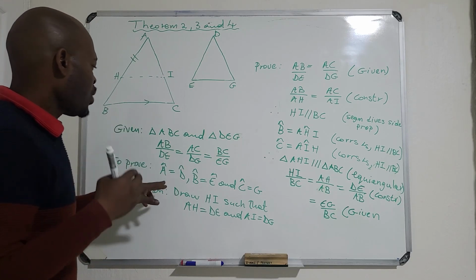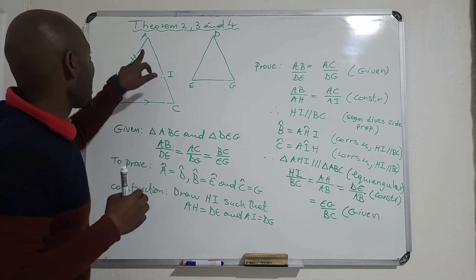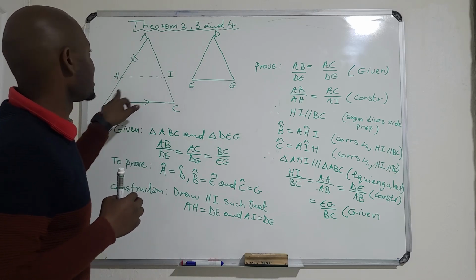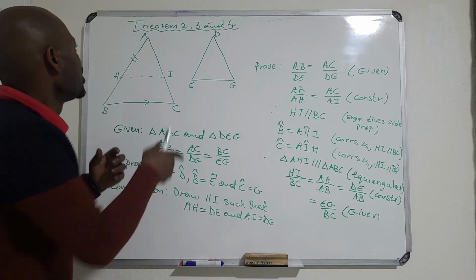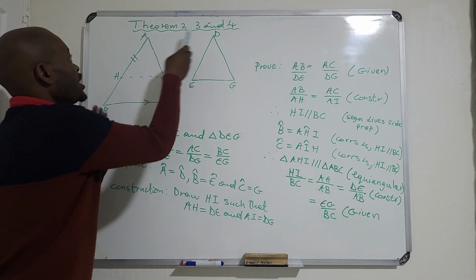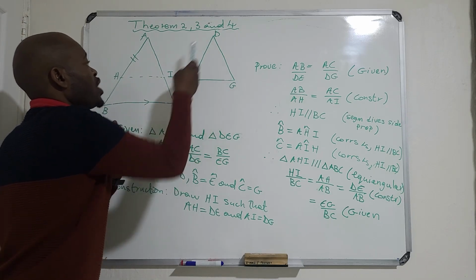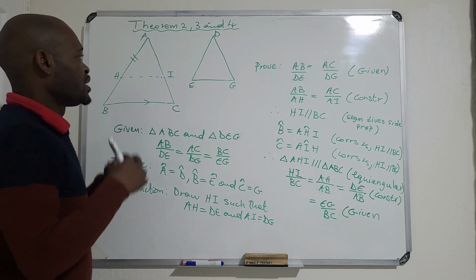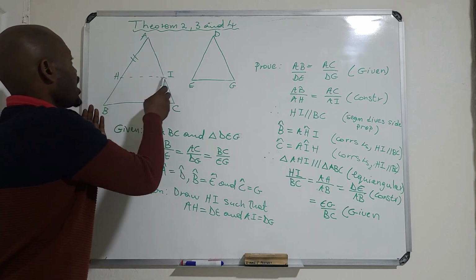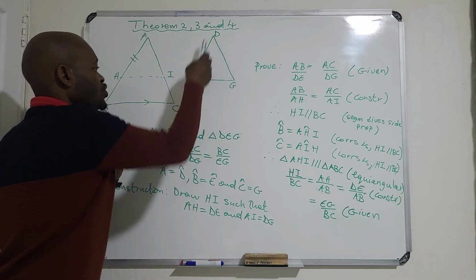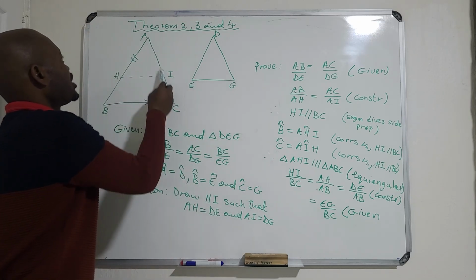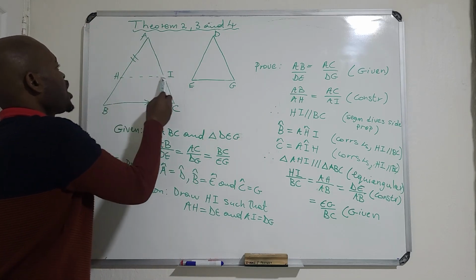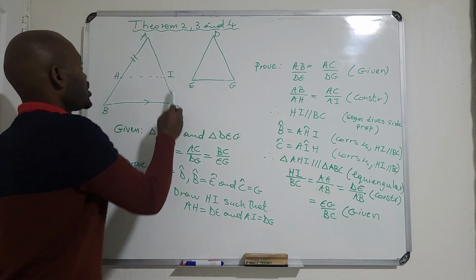Since we want to prove that this angle is equal to that angle, we need to prove that this triangle is congruent to this triangle.